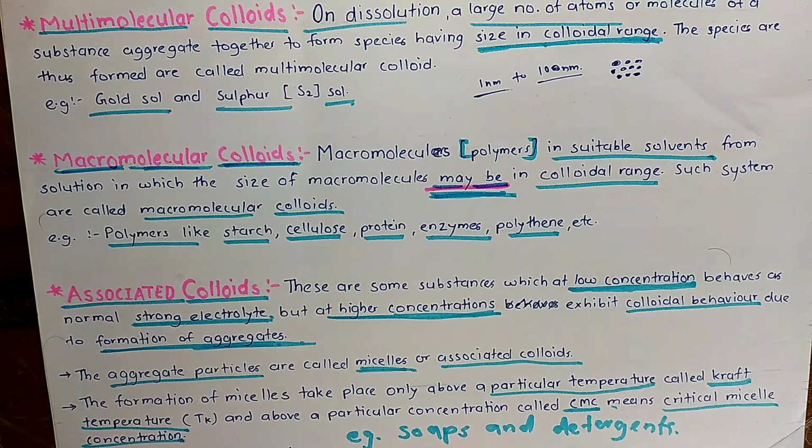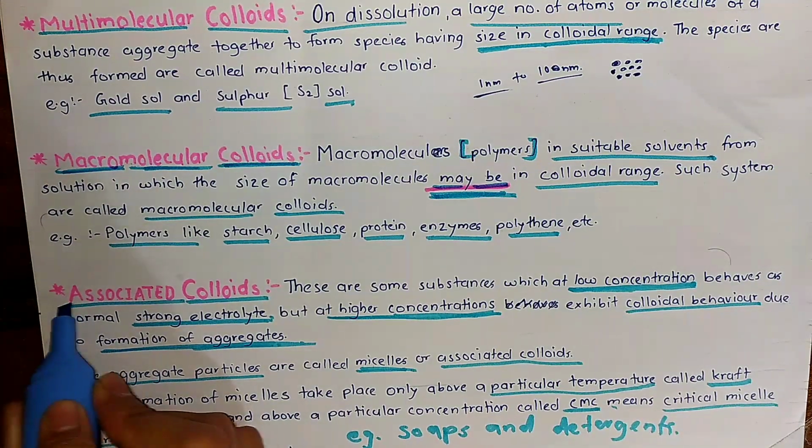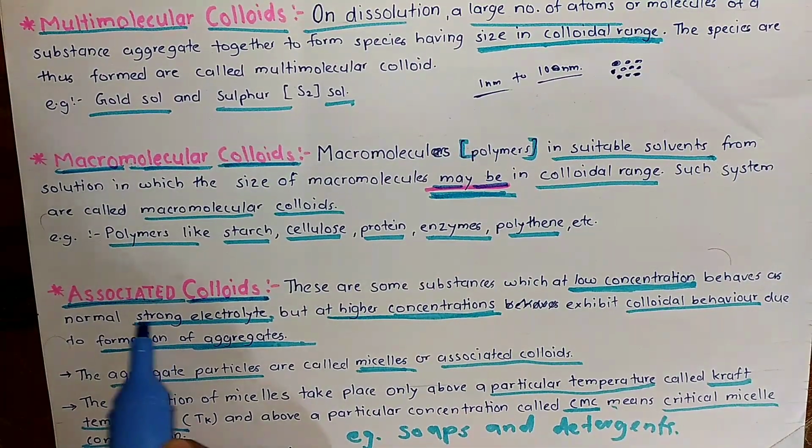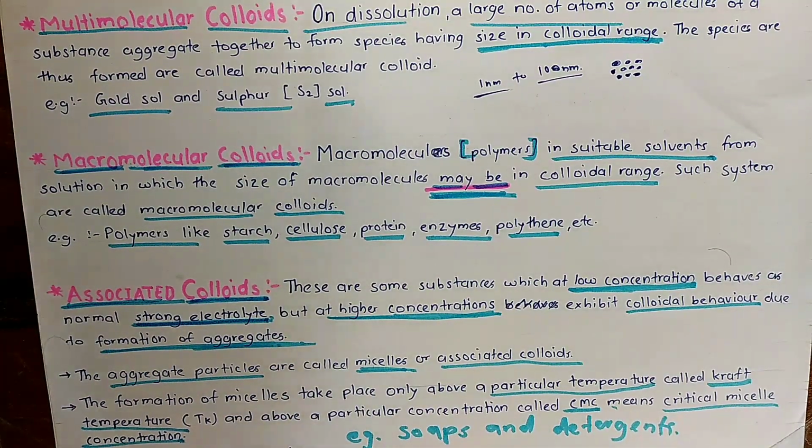And the third type of colloids is associated colloids. These are substances which at low concentrations behave as a normal strong electrolyte. Means if we pass electric current from these colloids at a low concentration, the current will pass.